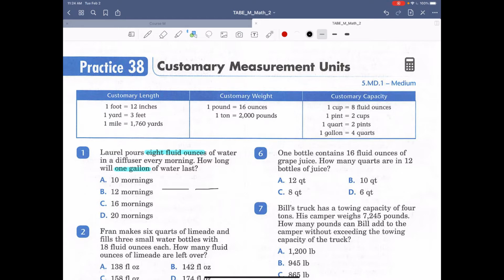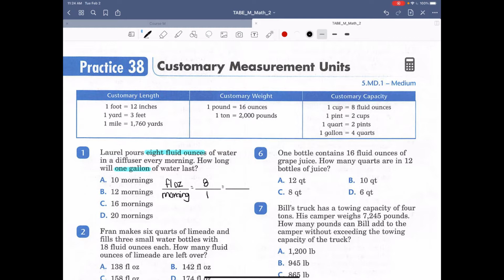I'll draw that proportion that I showed you how to do in the lesson. And I want to say that she is putting in fluid ounces every morning. So 8 fluid ounces goes in every morning.